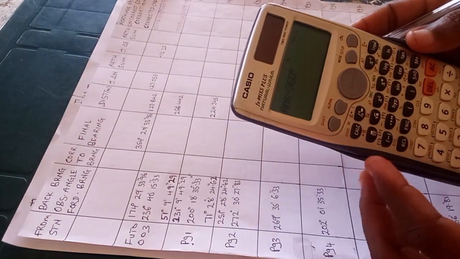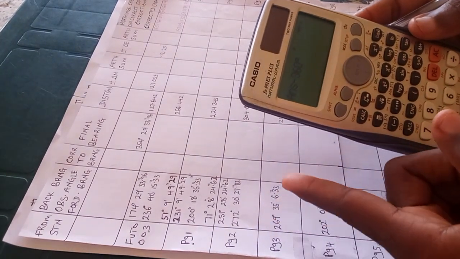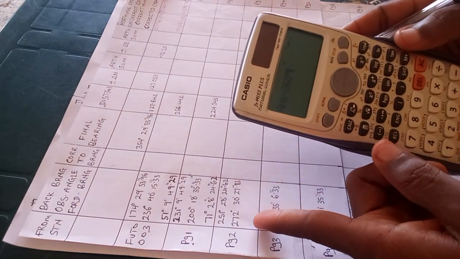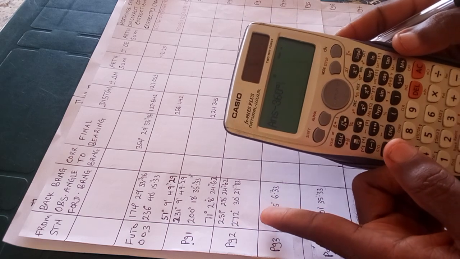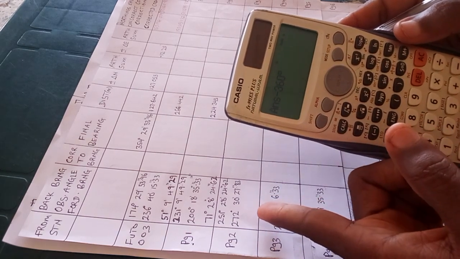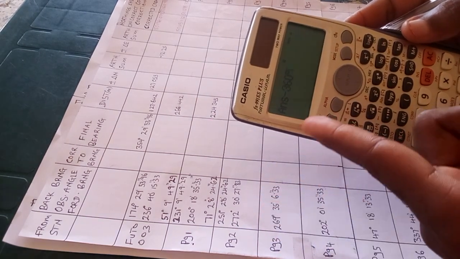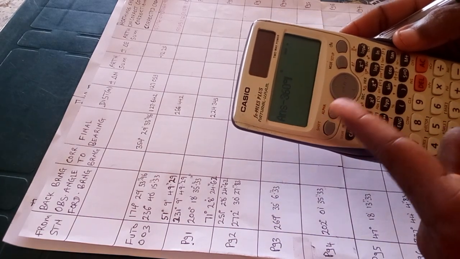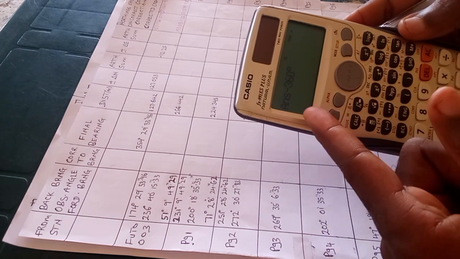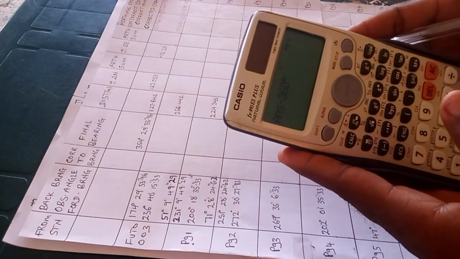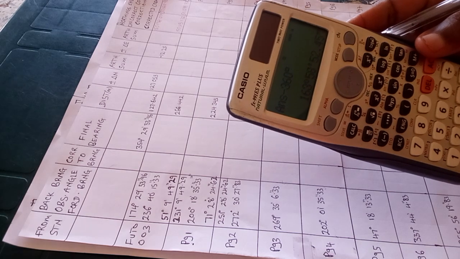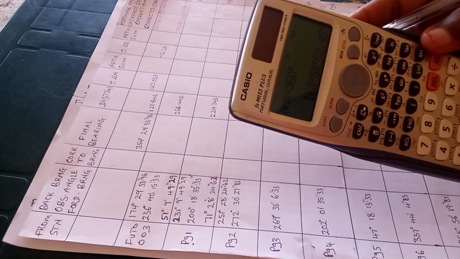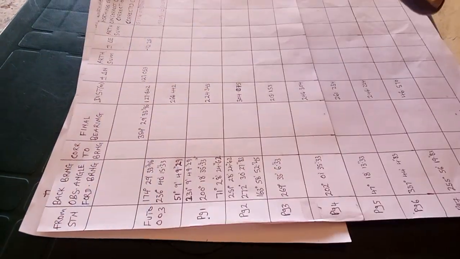Please, if you don't have values that are larger than 360 degrees, all you have to do is just write that value down the way it is for your forward bearing. The reason why we are subtracting 360 degrees is because we are having values that are larger than 360 degrees, please. So here we are having 163 degrees, 58 minutes, 52.45 seconds. So I'm just going to write that down.